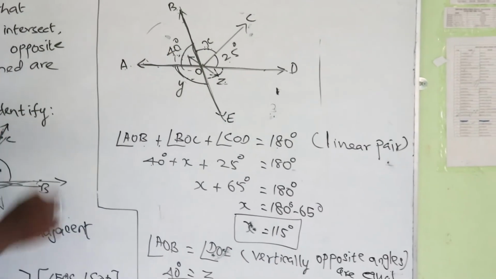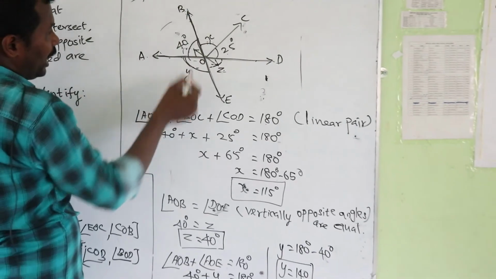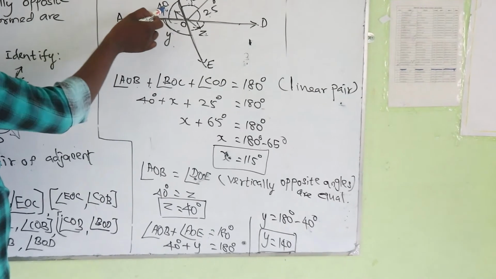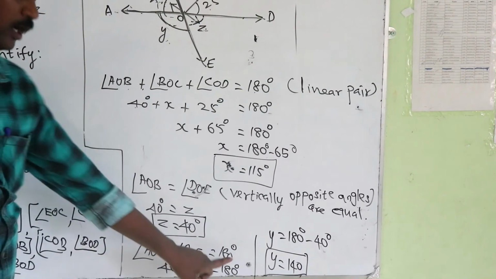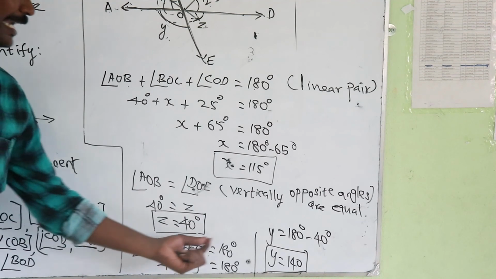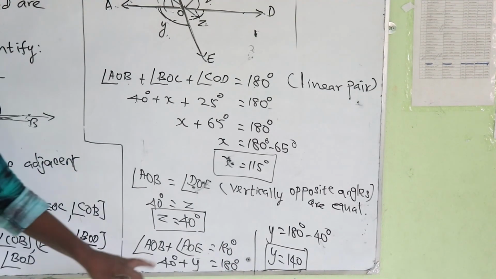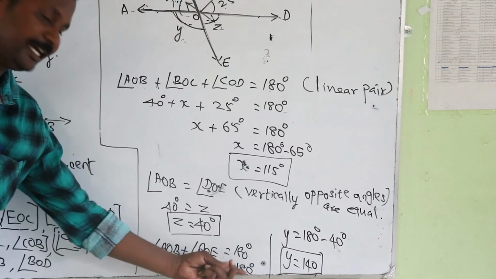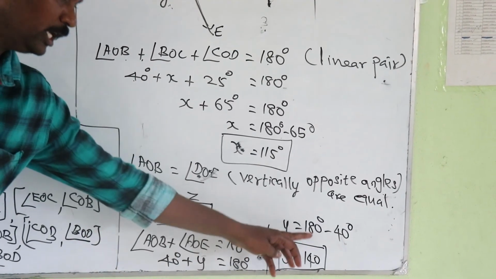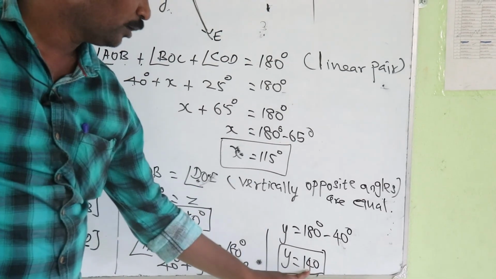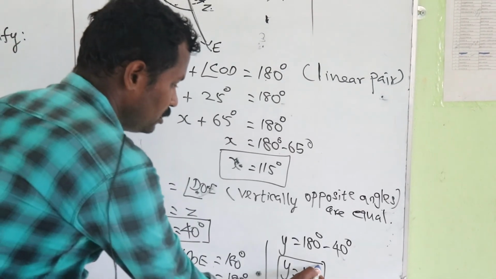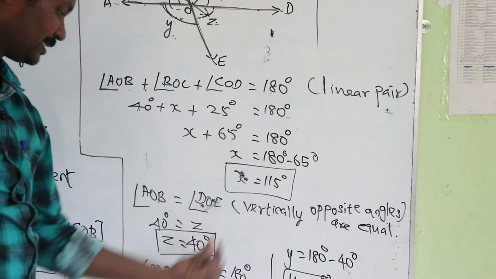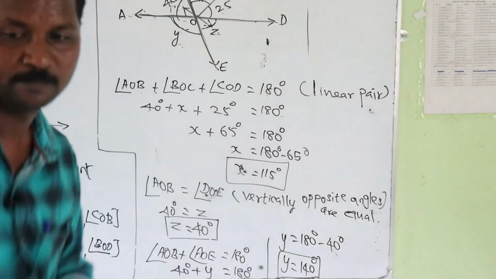We add AOB and AOE. The sum of these two angles, 40 plus Y, is equal to 180 degrees, because this is a linear pair. So 40 plus Y equals 180. Moving 40 to the other side, 180 minus 40 gives 140 degrees. So Y equals 140 degrees. Hence we have the values of X, Y and Z.